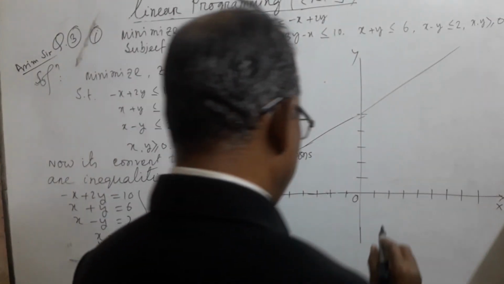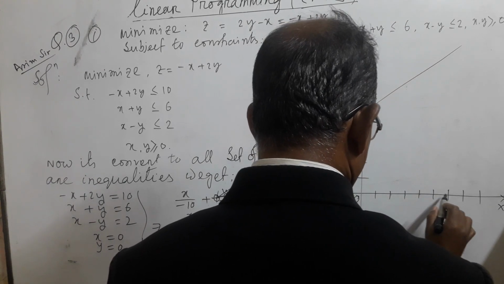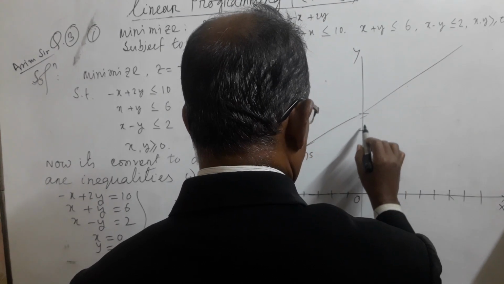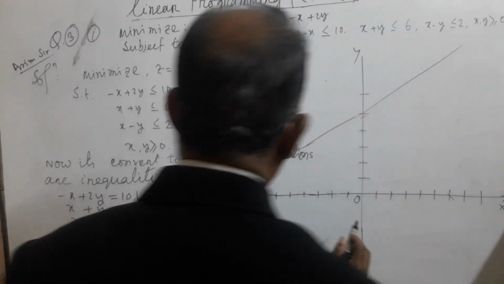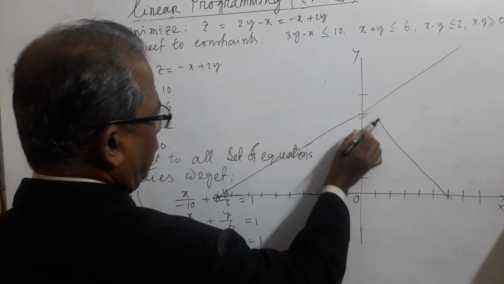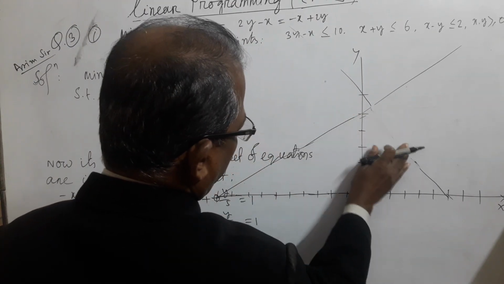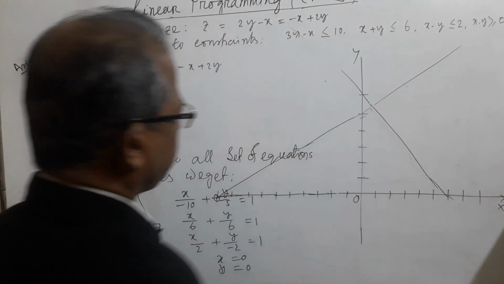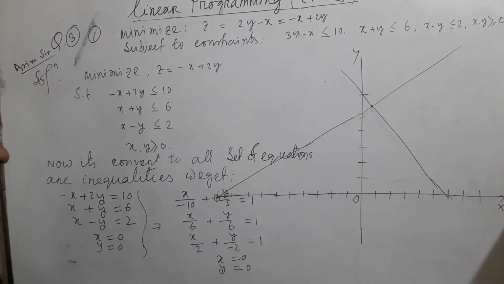That's why 1, 2, 3, 4, 5, 6 on each axis. These two points are joined by the line.